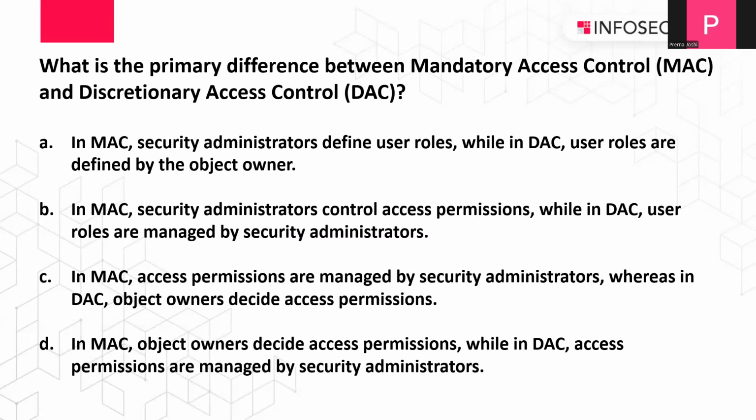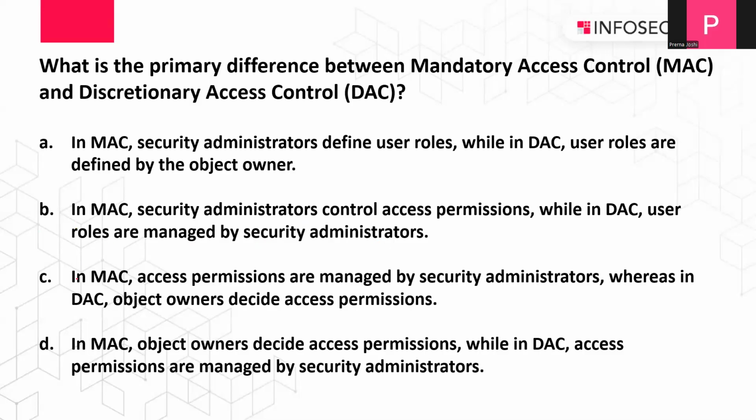And here the question says, what is the primary difference between mandatory access control and discretionary access control? So here we have the options and we have to find the primary difference. The first option says in MAC, the security administrator defines user roles, while in DAC, user roles are defined by the object owner. Then B: in MAC, the security administrator controls access permissions, while in DAC, user roles are managed by the security administrator.